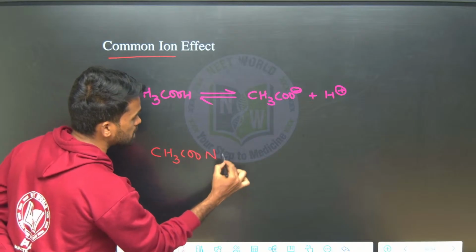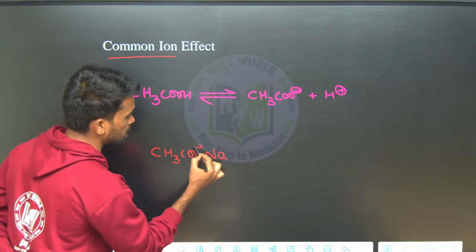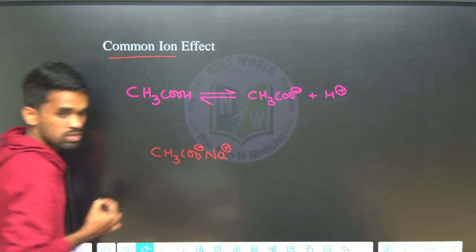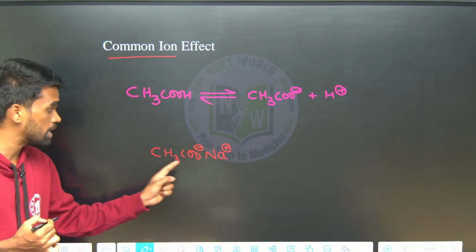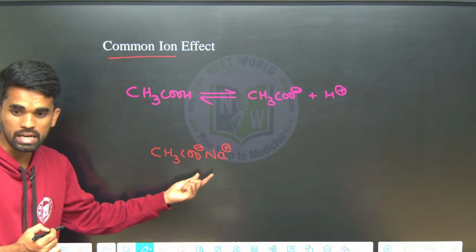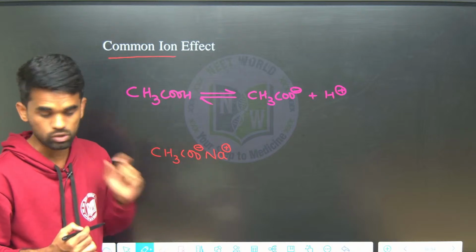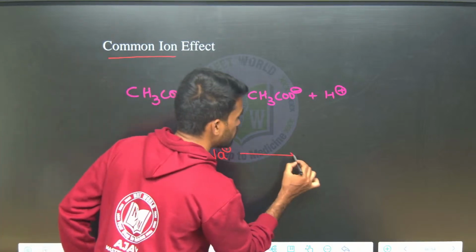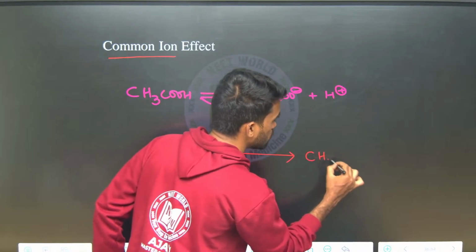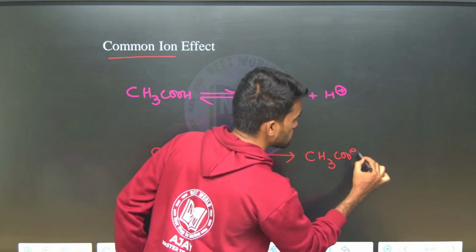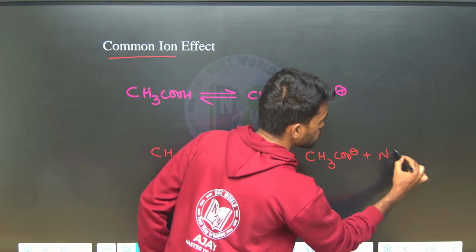Sodium acetate is a salt giving acetate ion plus Na+ ion. Is it a strong or weak electrolyte? Strong electrolyte. It undergoes complete dissociation to give its respective ions, acetate ion plus sodium ion.